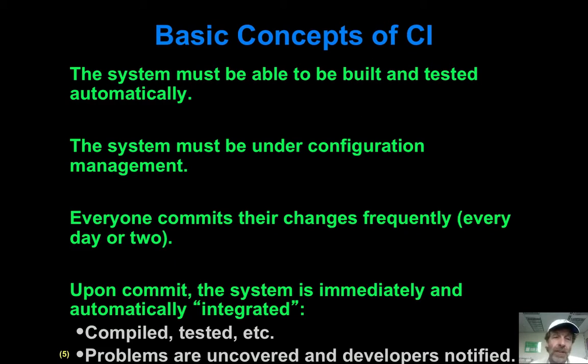The system must be under configuration management control, and crucially, people need to be committing changes frequently. So the whole thing falls apart if you work on some part of your system but don't commit it to the repository except every month or so. So you've got to be able to actually divide up your work into small pieces such that you can finish a logical chunk, the system all works, and you can commit that change to the repository.